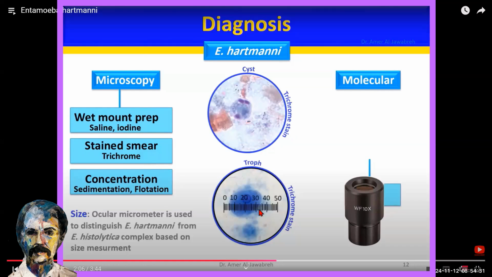You cannot depend all the time on this, because sometimes E. histolytica, when it's immature and small, has the size of E. hartmanni. Therefore, much better nowadays is to do what? PCR. With PCR, you can be almost sure, close to 100%, that you are dealing with E. hartmanni.